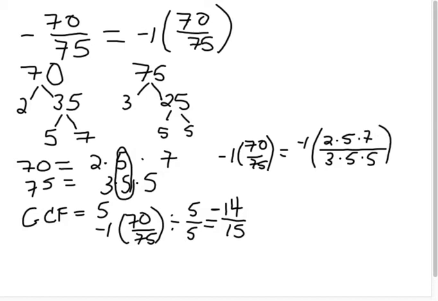And I'm going to complete my parentheses there. I'm going to take my different colored pen and mark that out. And I'm going to say that equals a negative 1 times 2 times 7 over 3 times 5, which equals a negative 14 over 15.